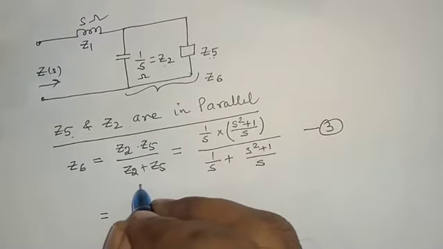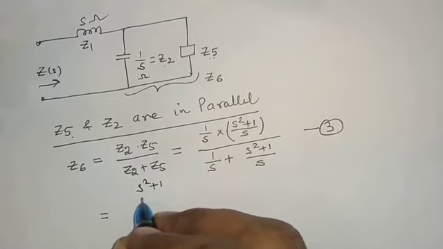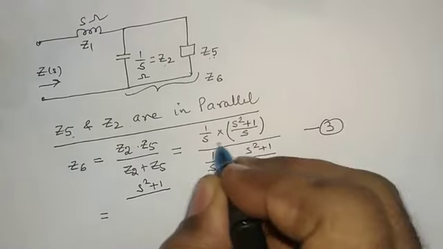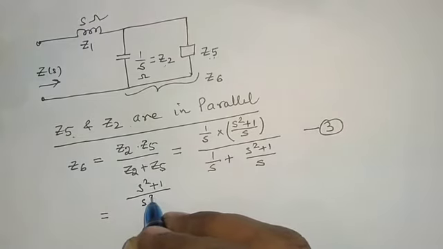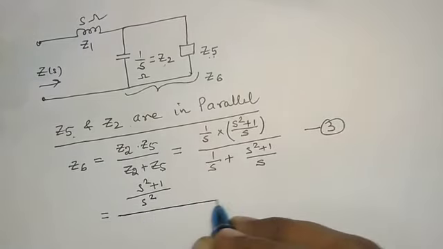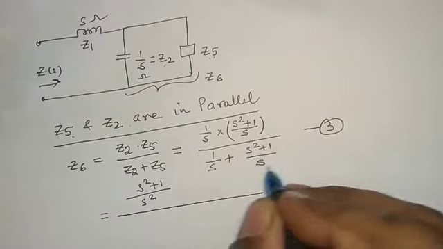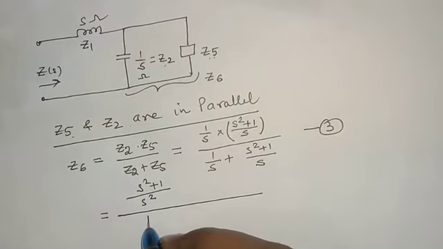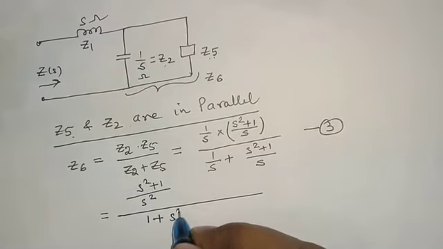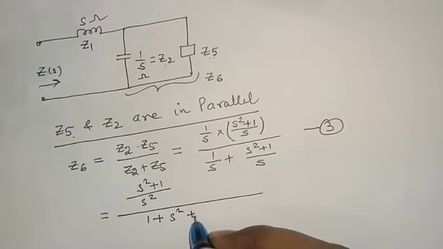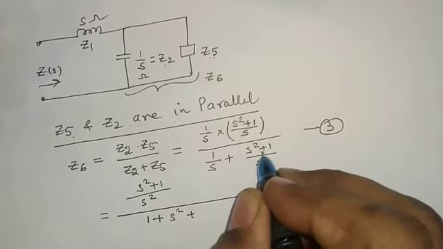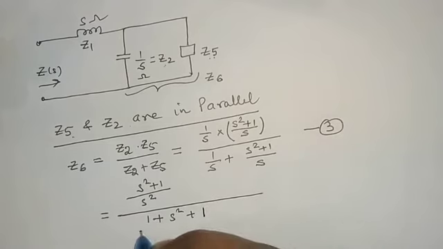In the numerator, S square plus 1 multiplied by 1 will be S square plus 1, divided by, since the denominators are same, 1 plus S square plus 1 divided by S.